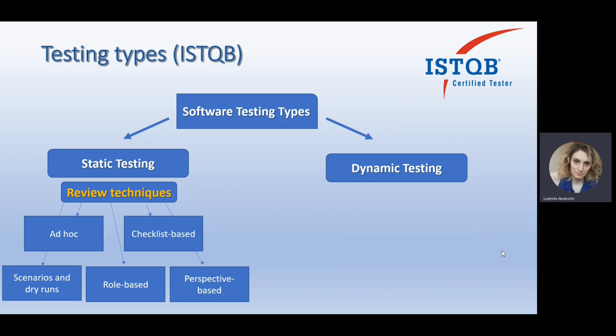For example, typical roles can include specific end user types, like experienced user, inexperienced user, senior, child, and so on. Maybe some specific roles in the organization: user administrator, system administrator, performance tester, and so on. In perspective-based reading, similar to role-based reviewing, reviewers will also take some kind of roles.